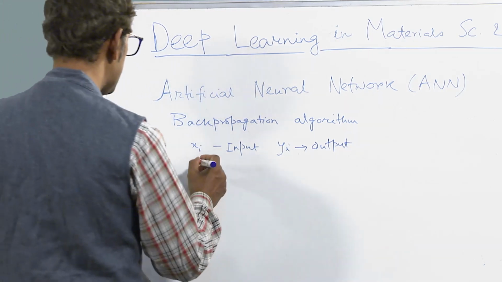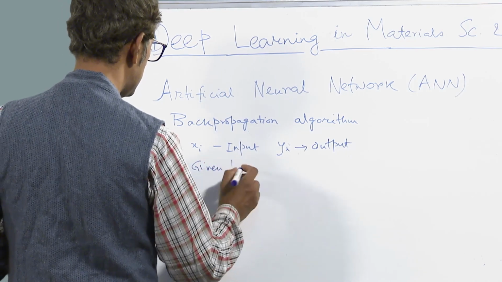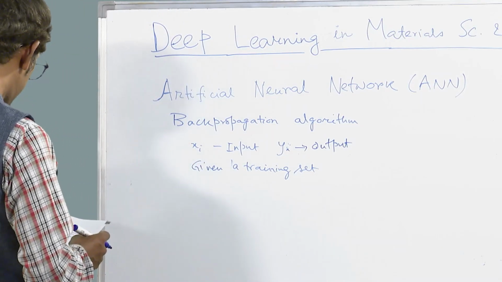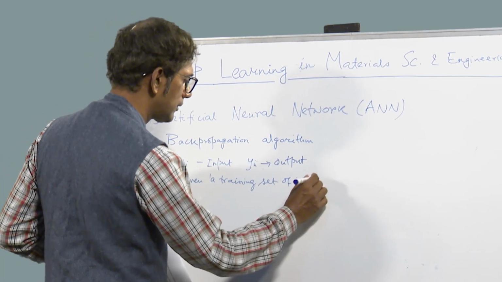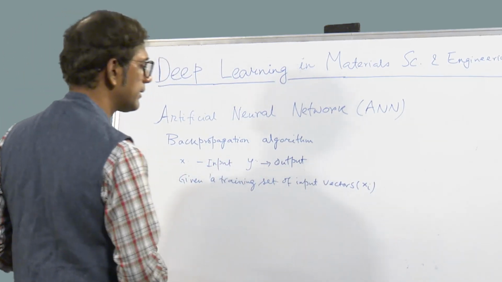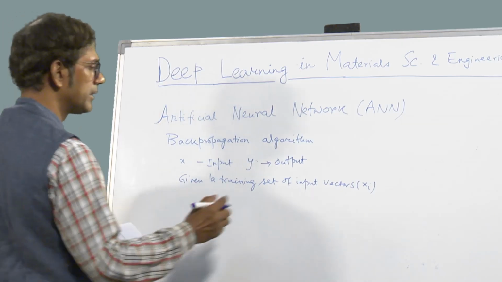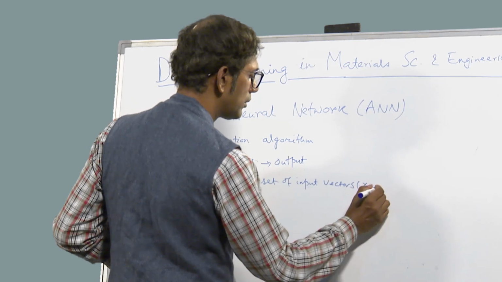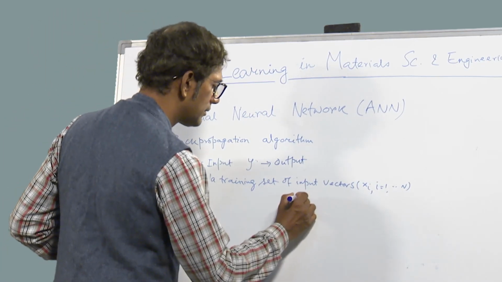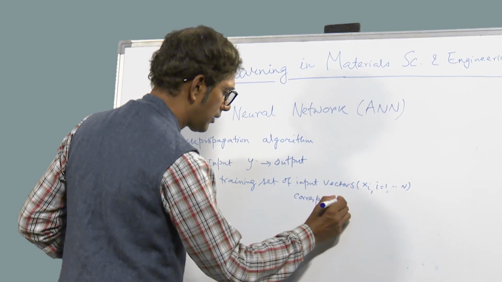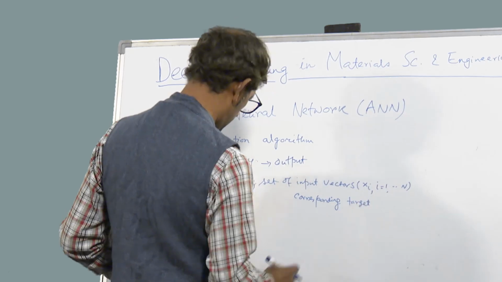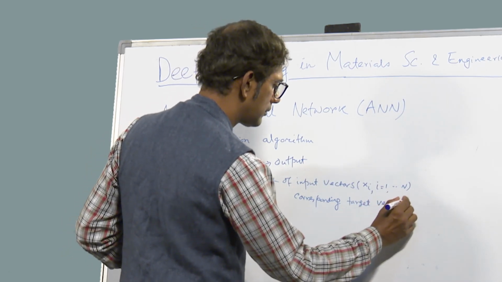So, given a training set of input vectors, which are nothing but x i, where i goes from 1 to n, right, and then you also have corresponding targets, that means outputs, target vectors T i.